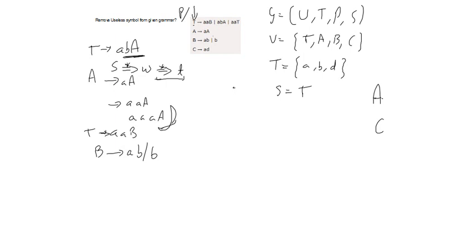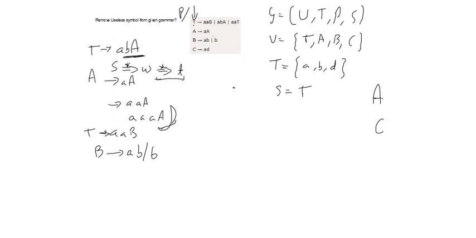So B can be a useful symbol and it can reduce to a string, or whenever we are producing the string, non-terminal B can be a part of the production line. So B is a useful symbol.